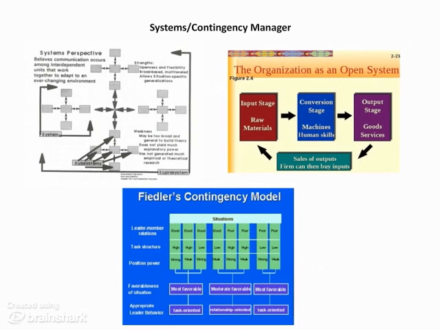Systems theory recognizes the interdependence of all parts of an organization. That's the key concept there. It acknowledges both formal and informal communication as central to the success of the organization. And it integrates the biases of the traditional and the human relations models and gives them equal weight.